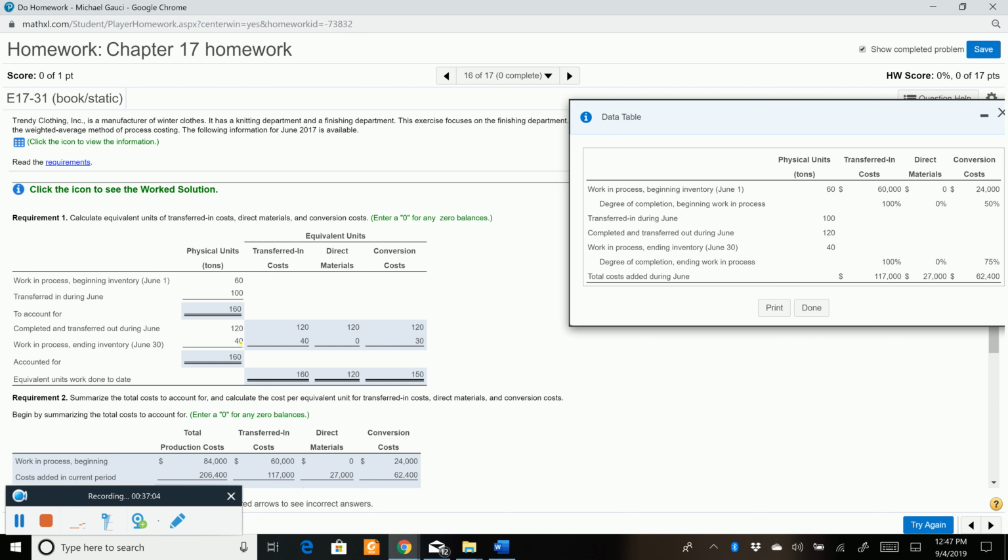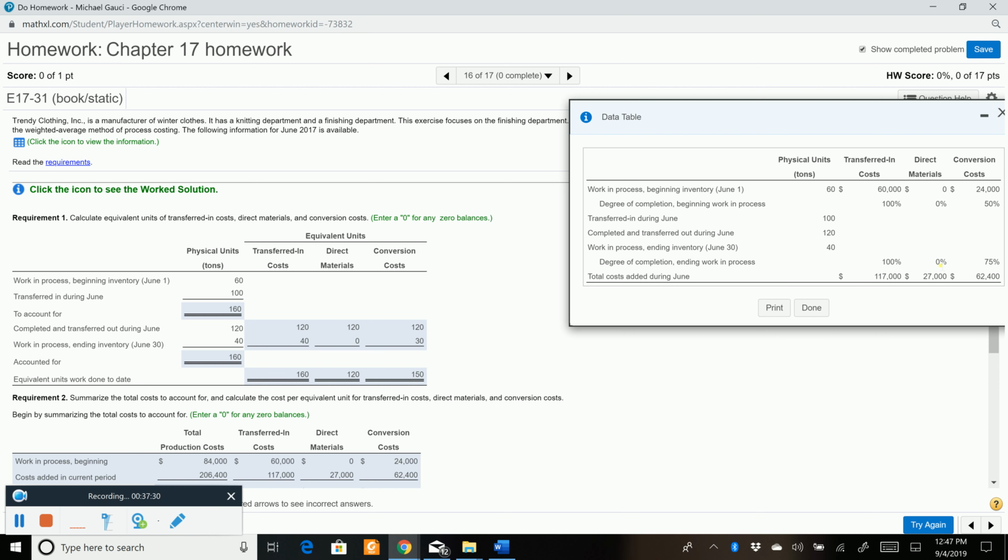Now for the ending WIP of 40 units, we need to determine what percent complete they are for transferred in costs, direct materials, and conversion costs. The author tells us, over here on the right side, they are 100% complete for transferred in costs. So we'll take our 40 times 100% to give us our equivalent units for transferred in.